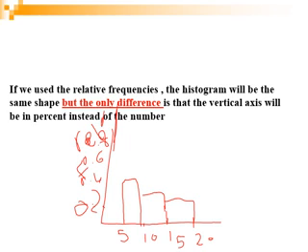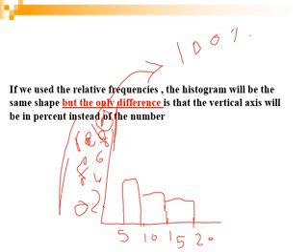As we mentioned before, the relative frequencies should sum to 1, which is 100%. So with relative frequency we can use the histogram with the same shape, but the only difference is that the vertical axis shows relative frequencies, not frequencies.